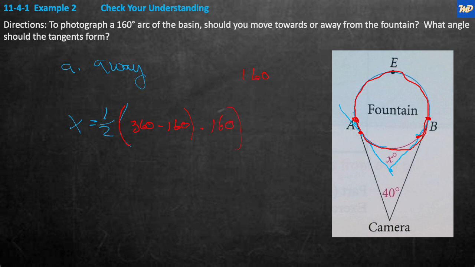So that's why the two lines over here, okay? So now that's 360 minus 160 minus 160. 360 minus 160 minus 160 is what? 40.